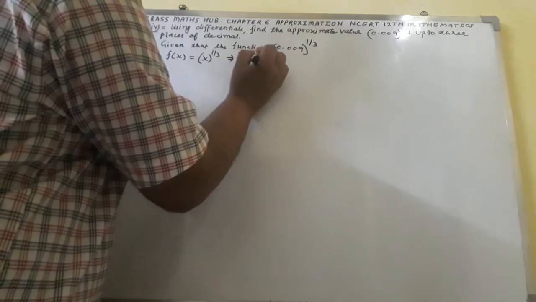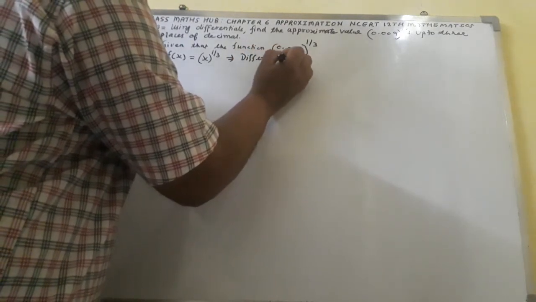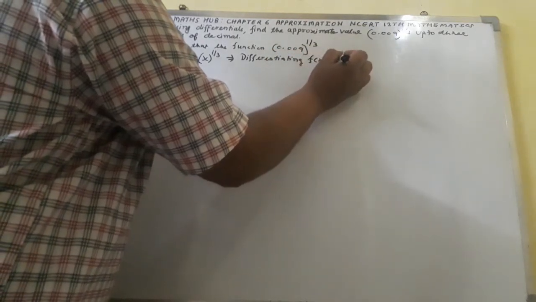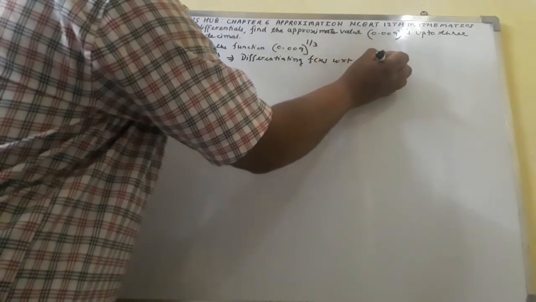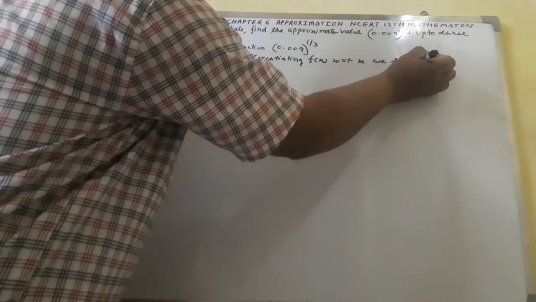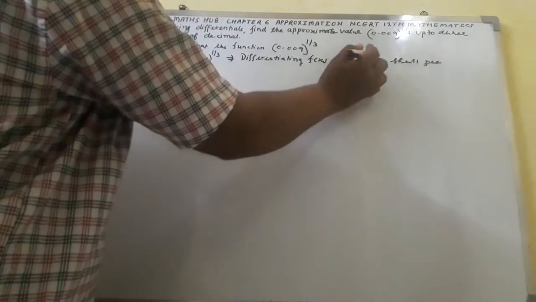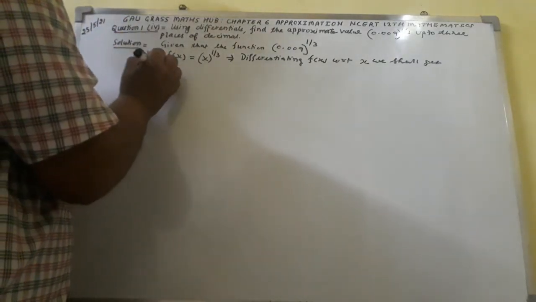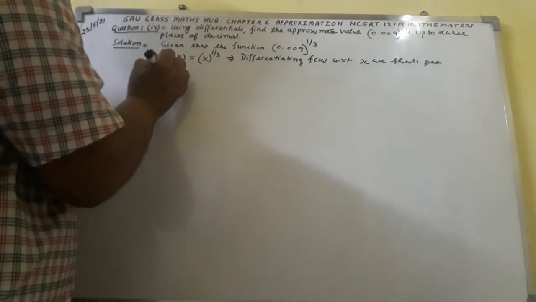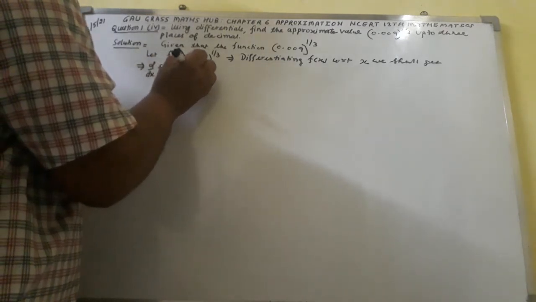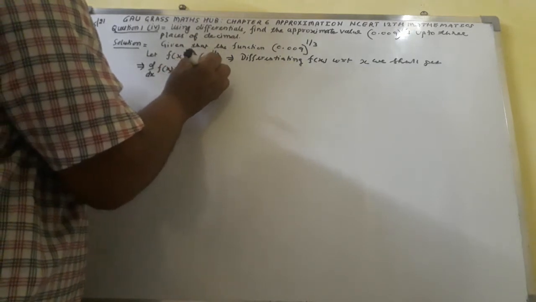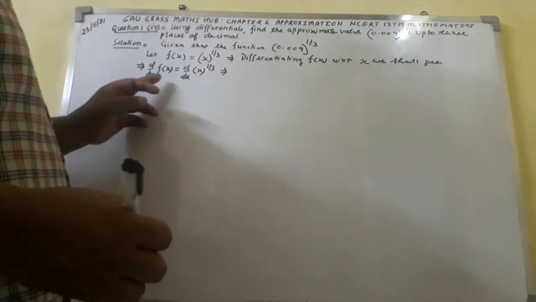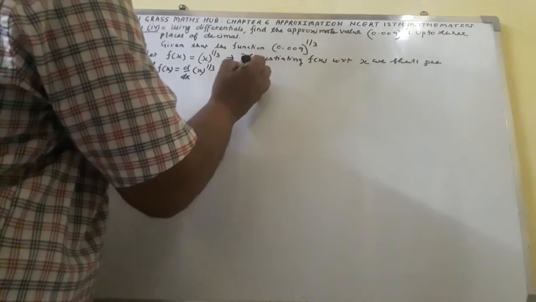Here again I shall write, implies that differentiating f of x with respect to x, we shall get d over dx of f of x comes out to be d over dx of x raised to the power 1 over 3, implies that d over dx of f of x comes out to be f dash of x.